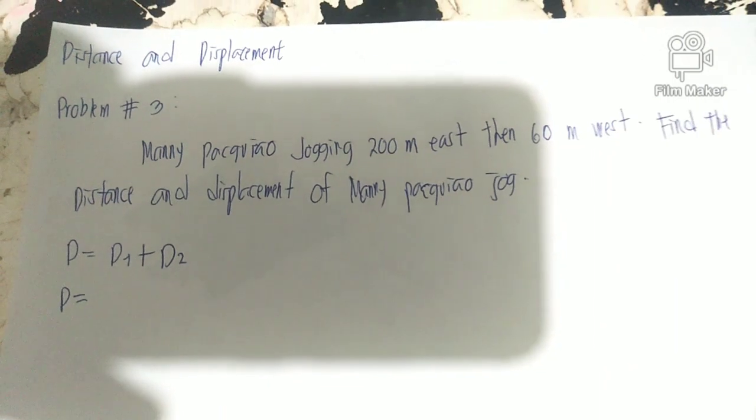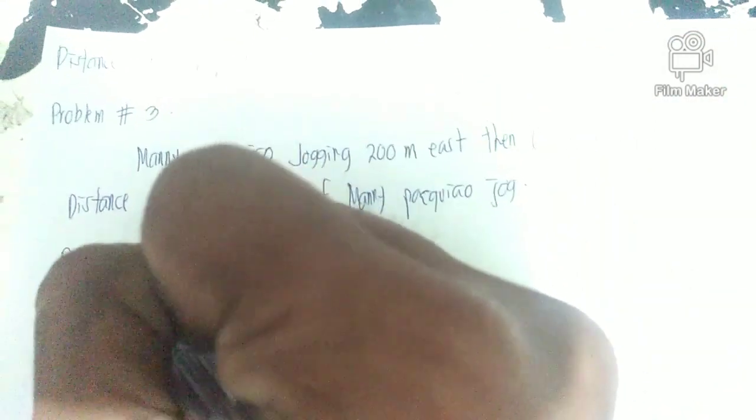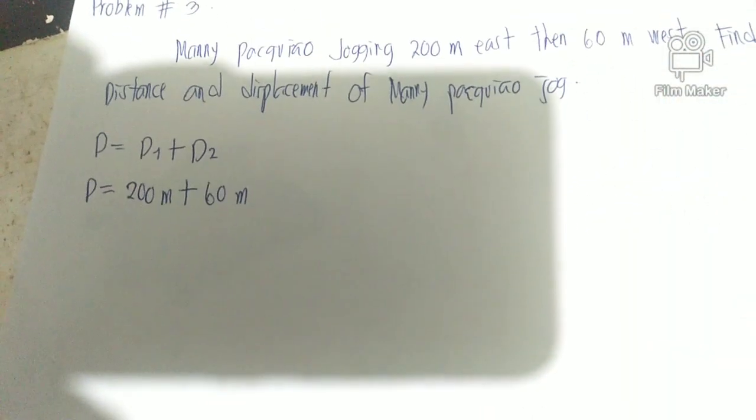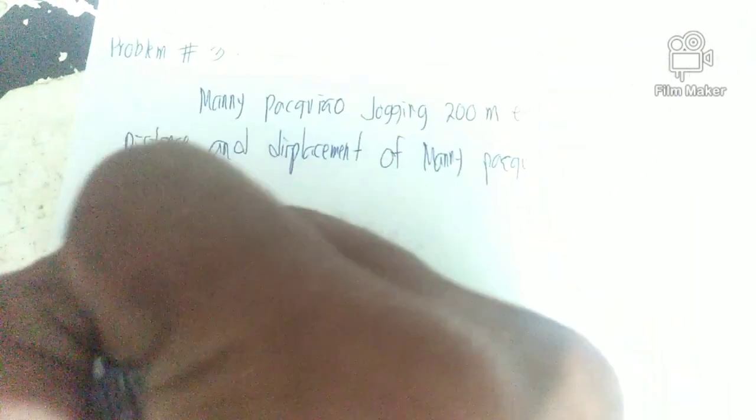So copy the D. Then D1 is our 200 meters plus D2 is 60 meters. So let's add the 200 plus 60. 200 plus 60 equals 260 meters. So this is our distance.